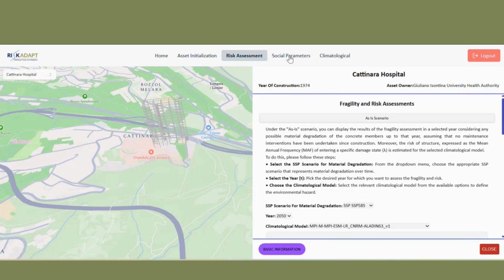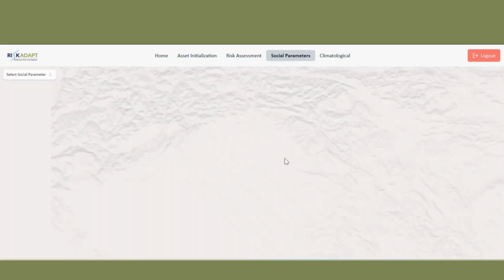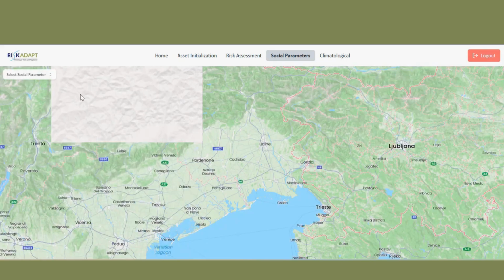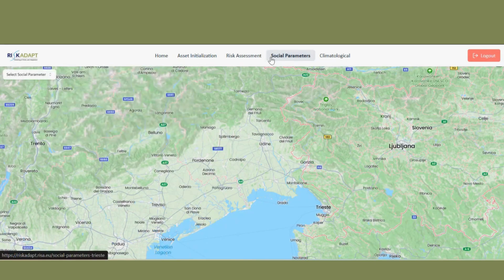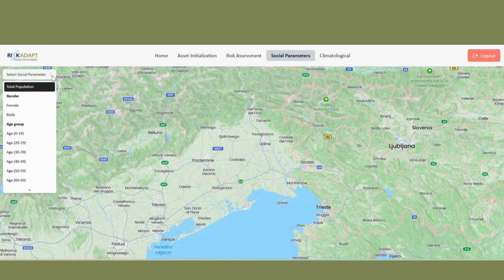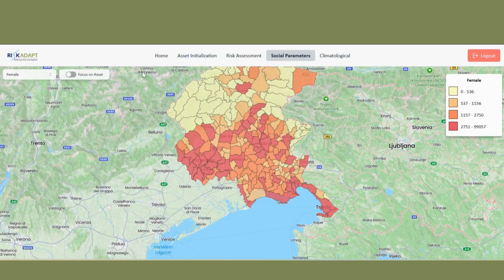Okay. So also, and thanks for reminding me, we have the social part. We have a couple of extra modules which provide the social parameters. The input data that were used in the social impact assessments can be displayed on a map of the entire region of Trieste.